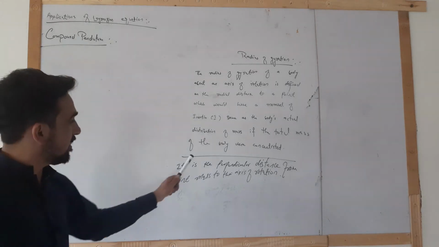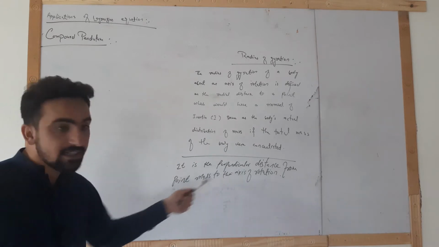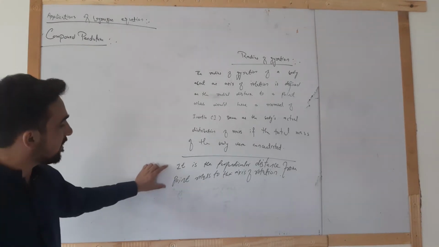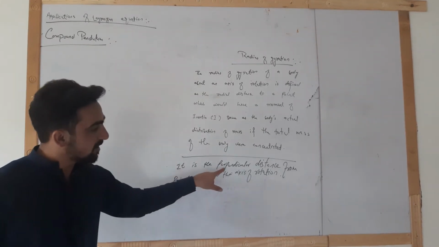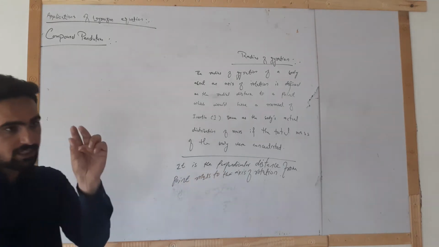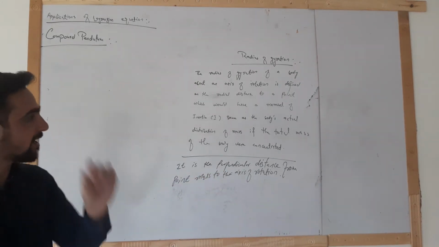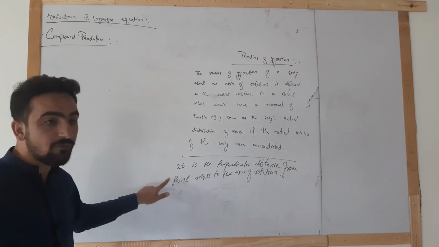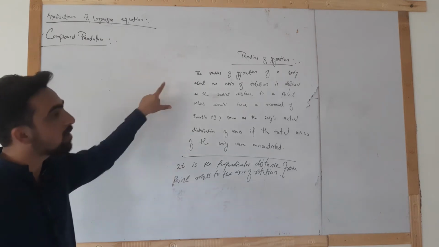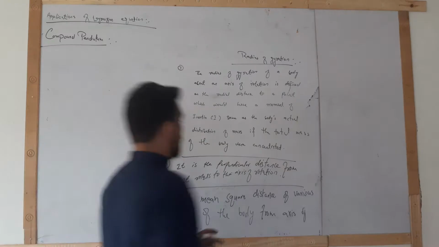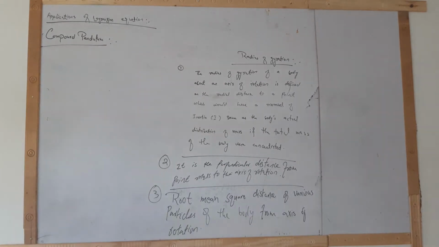But this is rather a simple explanation, and we must remember that if we concentrate the mass at a point, then the moment of inertia of that point mass should be equal to the actual body's moment of inertia. It is the root mean square distance of various particles of the body from the axis of rotation.